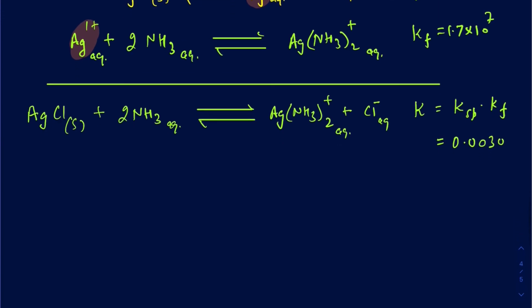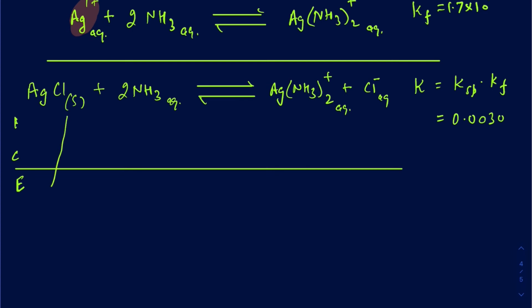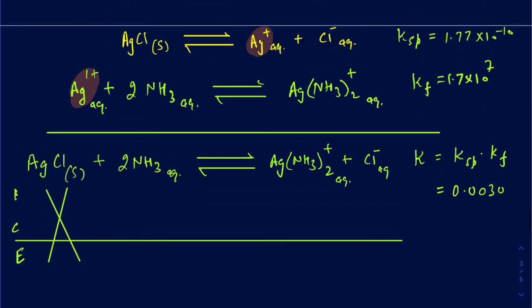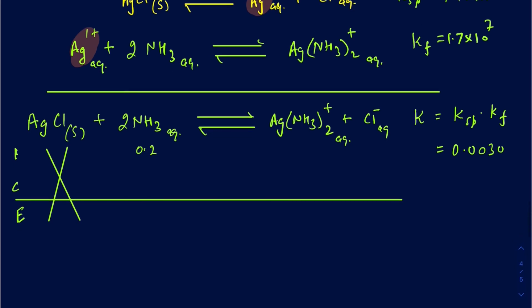So then let's figure out what we know so far. If I go ahead and remake the ICE table here, we don't have to worry about the AgCl because that's a solid, so I'm just going to cross that out. However, we are told we have 0.2 molar of this NH3, and assume we don't have any of those in the beginning.